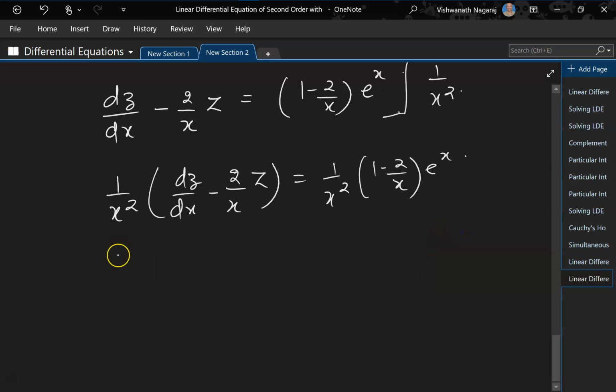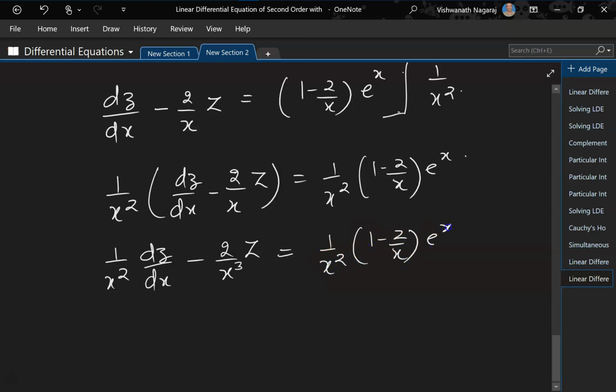Let's distribute this. We end up with 1/x² dz/dx minus 2/x³ z, because x² is coming in, so this becomes x³, equal to 1/x² (1 minus 2/x) e to the power of x.